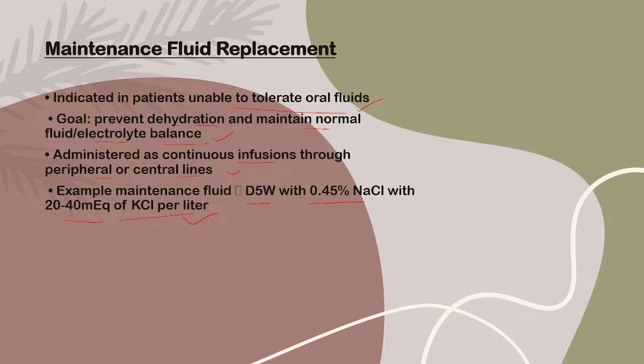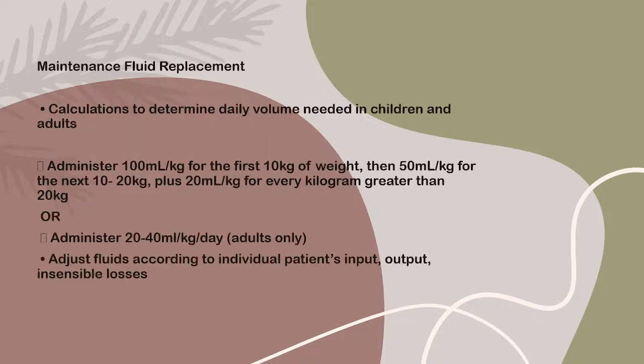So we would be giving dextrose along with sodium and chloride, and also the most important electrolyte, that is potassium. Potassium is the most abundant intracellular electrolyte. We give this so that dehydration can be prevented and the fluid and electrolyte balance is normalized.